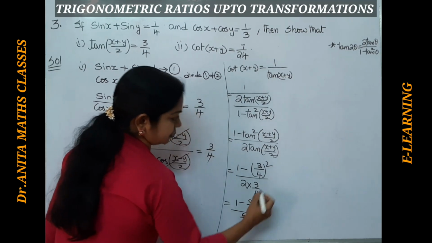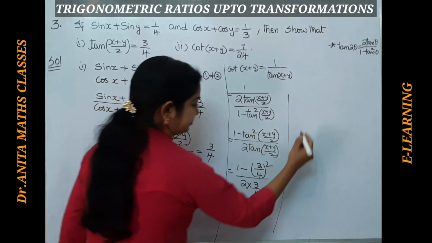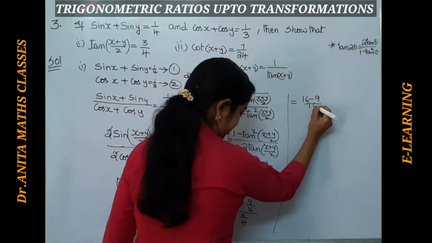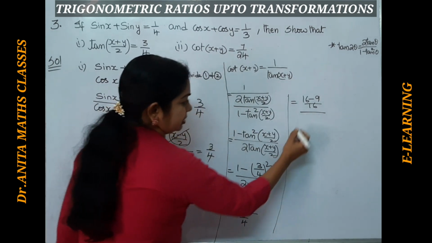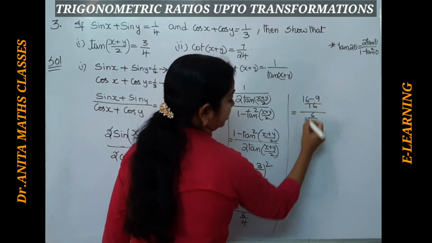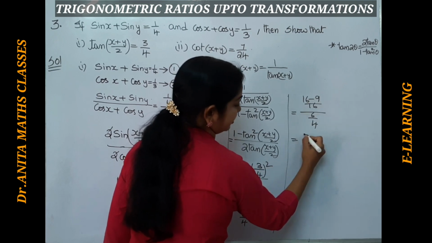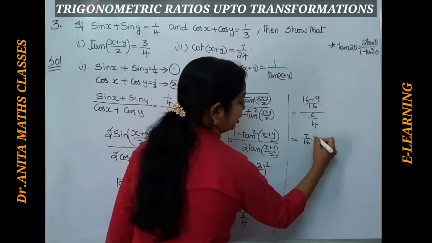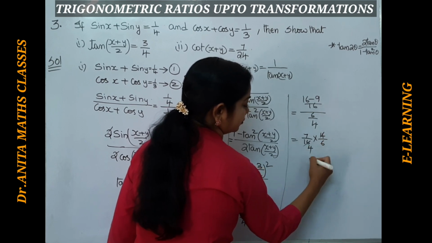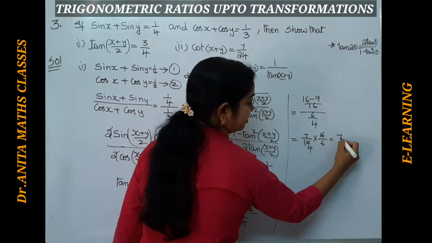If you take the LCM, this becomes 16 minus 9 by 16, divided by 6 by 4. That becomes 7 by 16 into 4 by 6. So 7, 4 ones are 4, 4 sixes are 24, so this is 7 by 24.